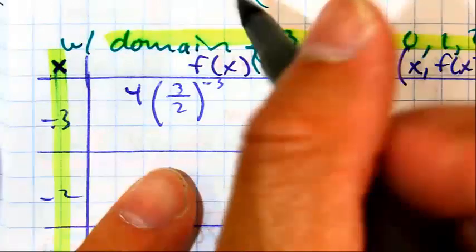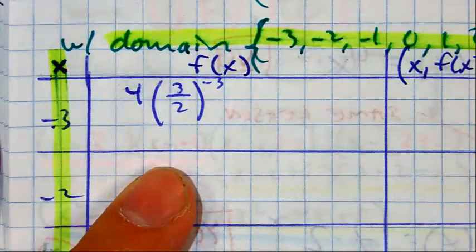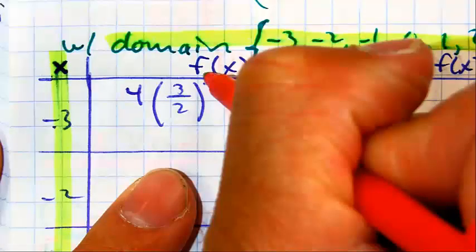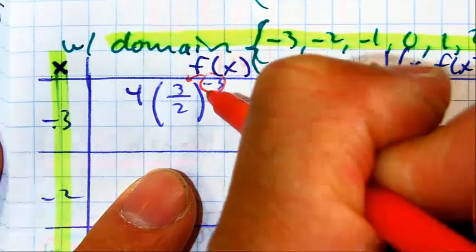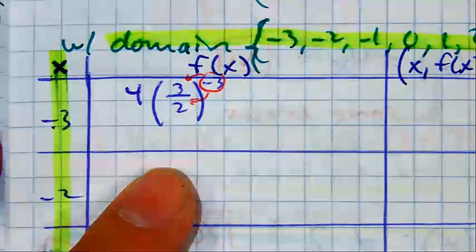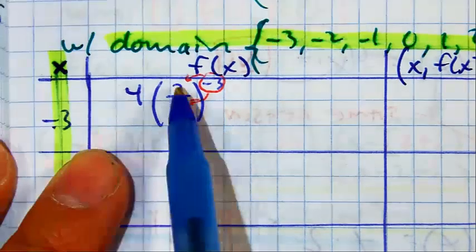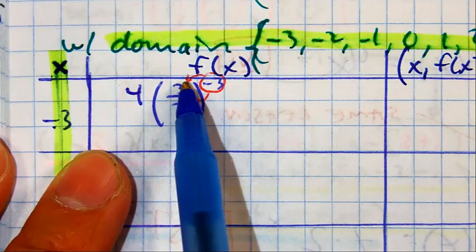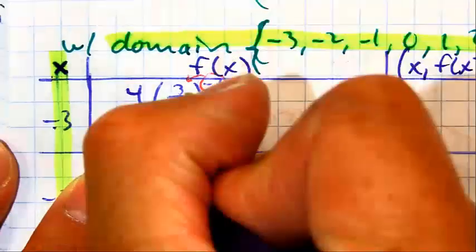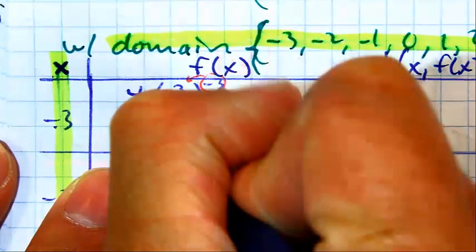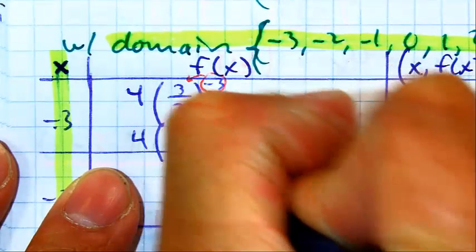Everyone say power rule? In exponents, when you have it on the outside, you can distribute it to its own exponent. So class, this 3 has no exponent. What number is it? So what's -3 times 1? So I have 4 to the -3 power.